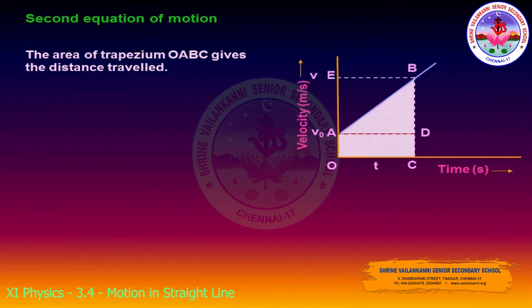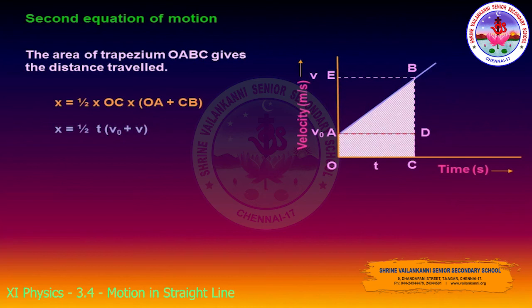So the distance traveled by the object is given as the area of the trapezium. So the area of the trapezium is nothing but half into the sum of parallel sides into the distance between the parallel sides. So x is equal to half into OC into OA plus CB. Check, OA plus CB, so that you have to take it.